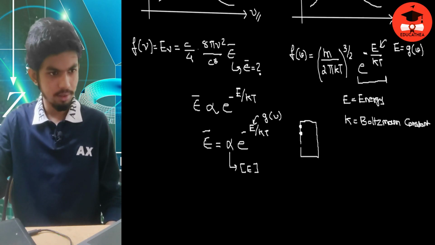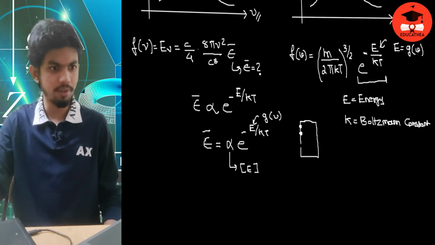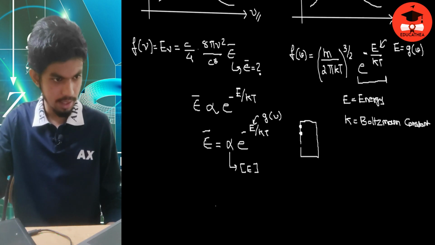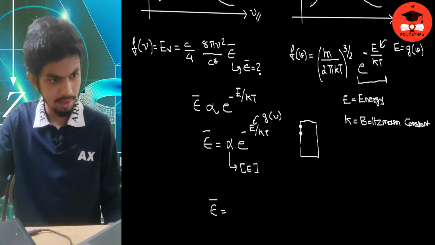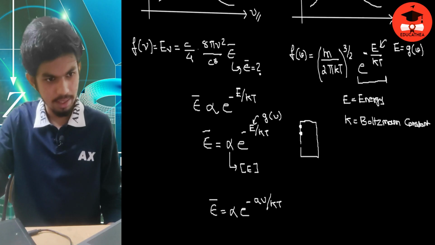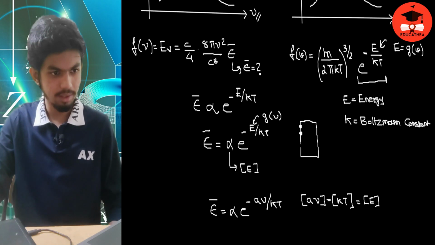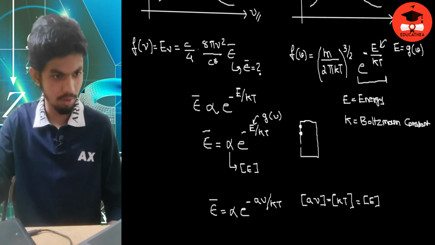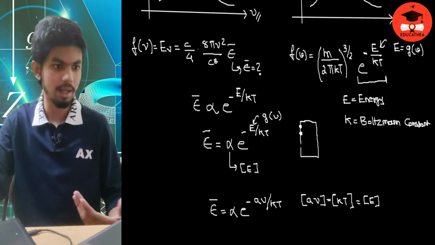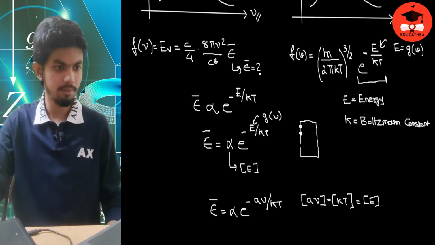So let's try. If the energy is a function of nu, then epsilon bar will be something like e to the power some constant a into nu divided by kT, so that a nu and kT have the same dimensions, which is the dimension of energy. Because a nu by kT should be a pure, dimensionless number. Only then can you apply exponentials to it.